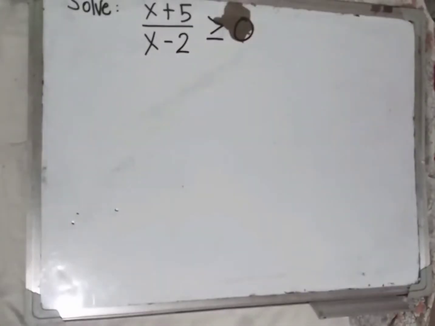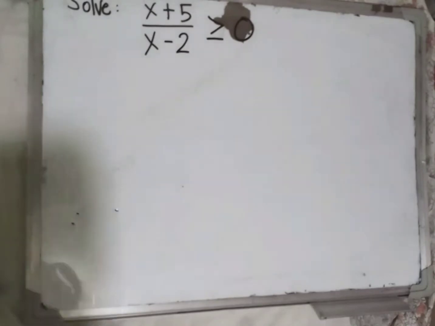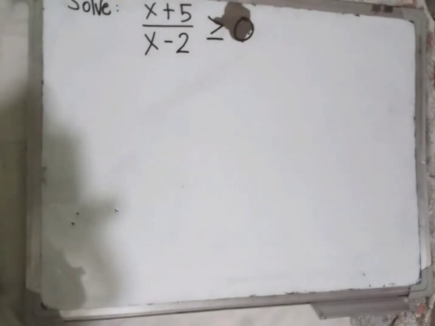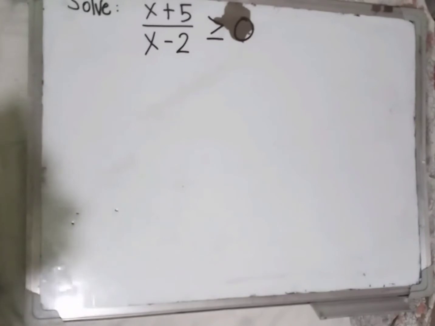How to solve for rational inequality. So in solving rational inequality, there are 5 rules in order to solve for the given inequality. Number 1, write the inequality with a single rational expression on the left hand side of the inequality and 0 on the right hand side.